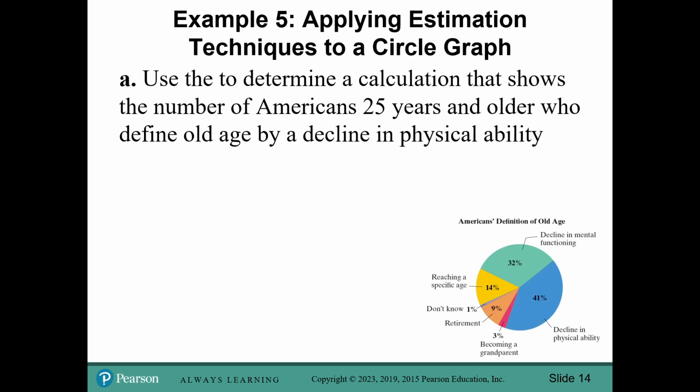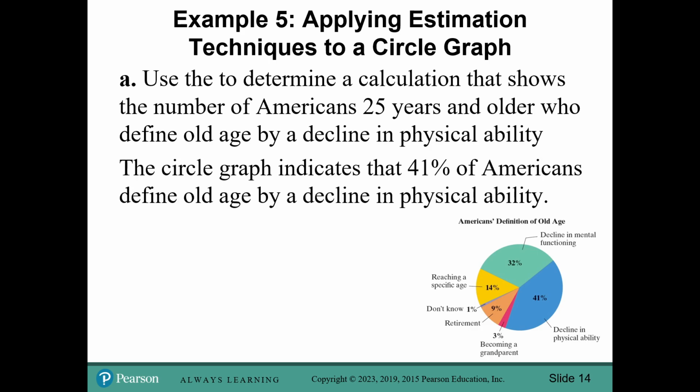So let's look at A. We want to use this to determine a calculation that shows the number of Americans 25 years and older who define old age by a decline in physical ability. The circle graph indicates that 41% of Americans define old age as a decline in physical ability.